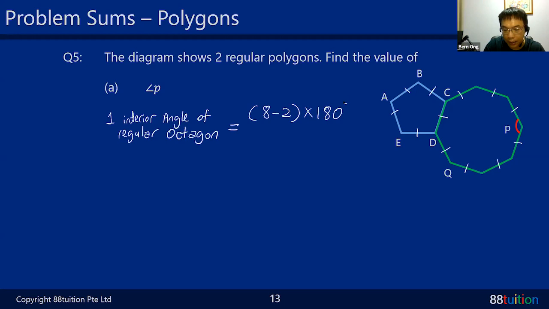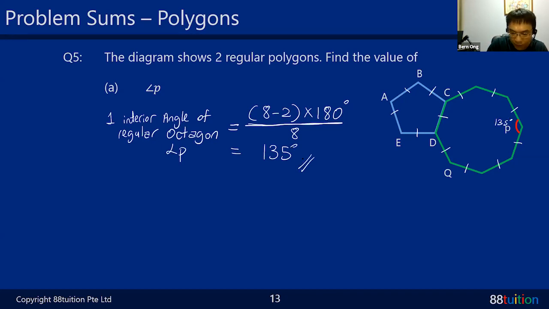This formula will give you the sum of all the interior angles inside an octagon. You want to find one interior angle, so you must divide by 8 because got 8 sides, 8 interior angles. So if you press your calculator, 8 minus 2 is 6, 6 times 180 divided by 8. Answer is 135 degrees. So each angle inside here is 135. That is for angle P.